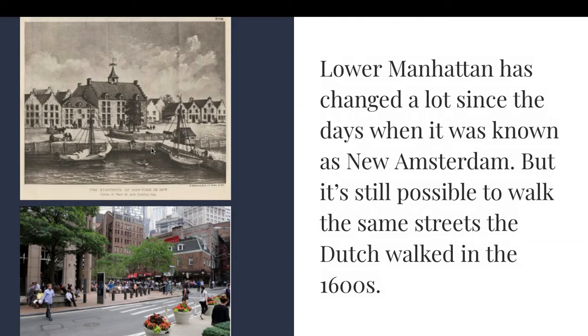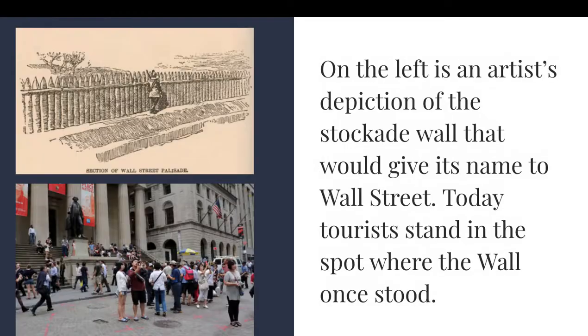So Lower Manhattan has changed a lot since the days when it was known as New Amsterdam, but it's still possible to walk the same streets the Dutch walked back in the 1600s. On the left right here is an artist's depiction of the stockade wall that would give its name to Wall Street.